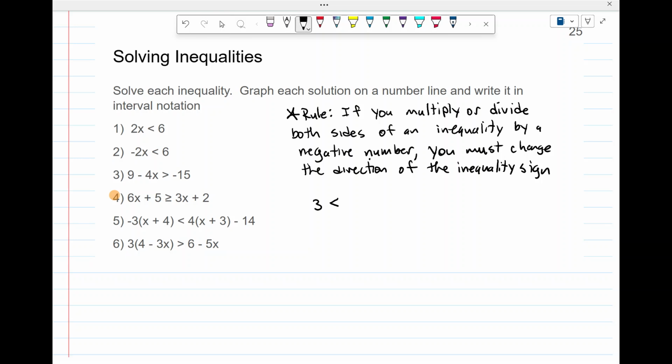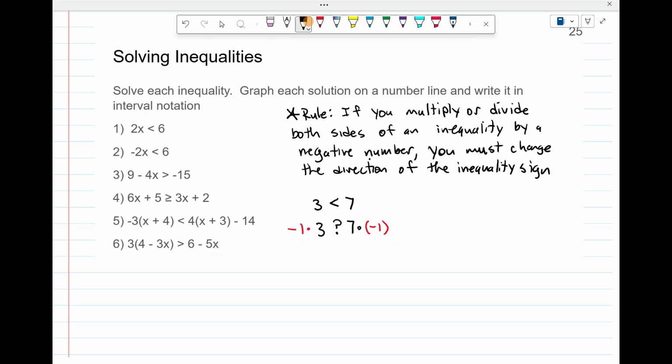Hopefully we all agree that 3 is less than 7. Let's go ahead and multiply both sides of this inequality by negative 1. And I'm going to put a question mark here. And let's decide, should that be a less than sign or a greater than sign after I multiply?